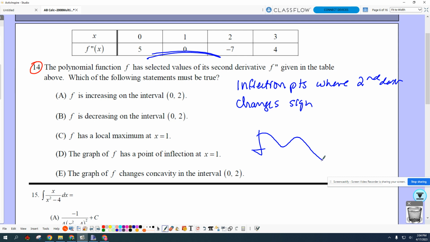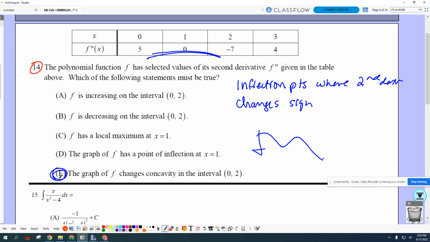And he said the inflection point didn't have to be right at 1, but you know that it had to be in there somewhere. And so it had to have changed concavity somewhere in that window of time because the second derivative changed sign in that interval. Sydney? Can you explain why it's not D?